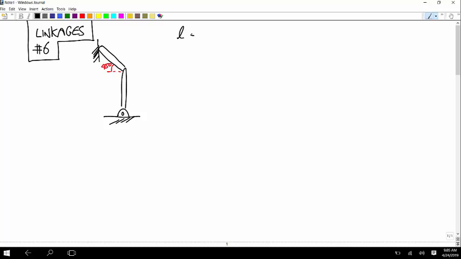The lengths of each one are 1 meter, and the mass is 5 kilograms. No friction between the wall and the top member, and it's at rest at this instant, so there's no angular velocity for either of these members. And we want to know the acceleration of the pin joint there.